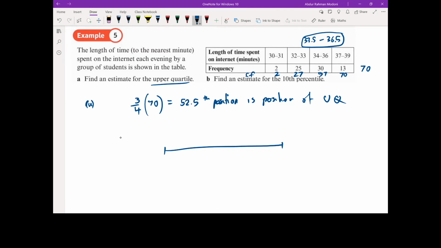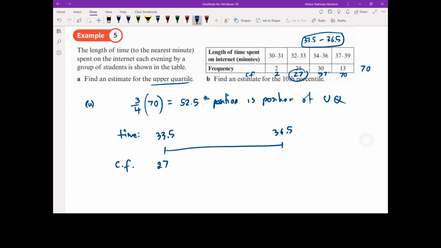So what I'm going to write down here is length of time along the top, and I'm looking at the interval 33.5 going all the way to 36.5. On the bottom, I'm going to write down my cumulative frequency, CF. So what is the cumulative frequency up to 33.5? Well, up to 33.5, the cumulative frequency was 27.